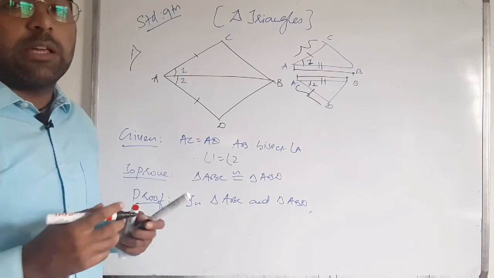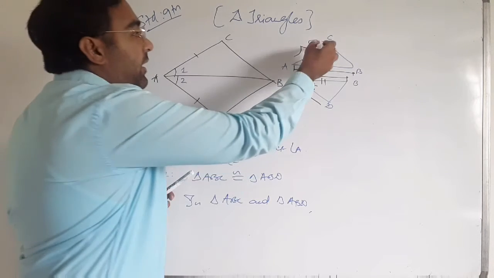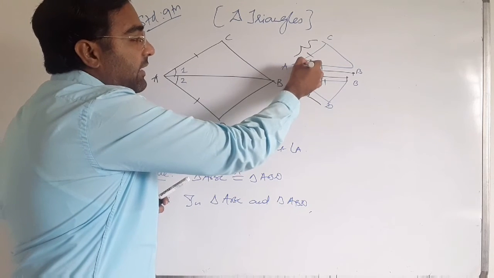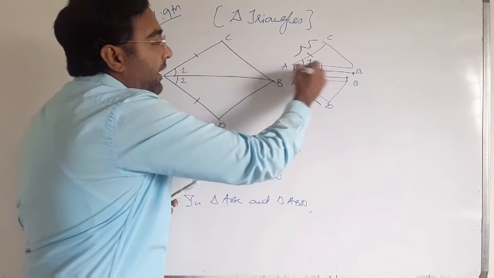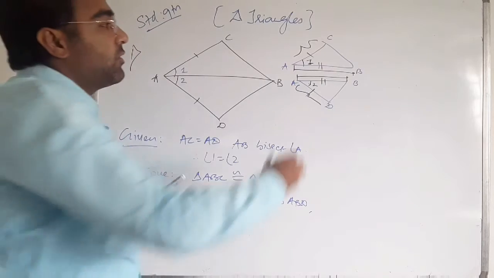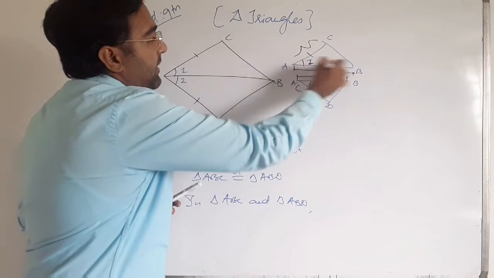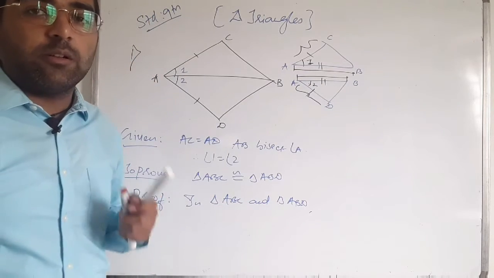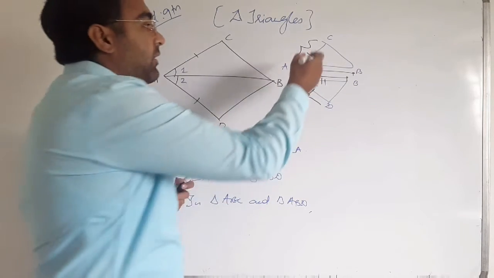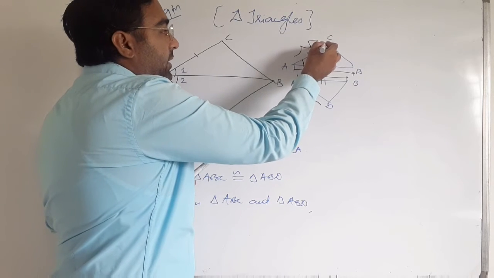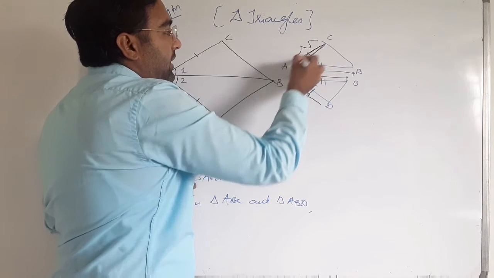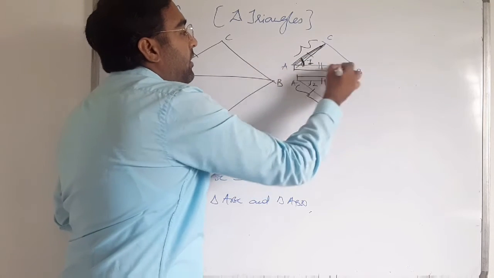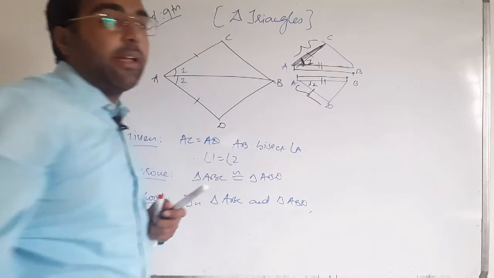So here we see AC is a side, angle 1 is an angle, and AB is a side. So side angle side. Here we look at the congruency type: AC is the side, then the angle, and AB is a side.